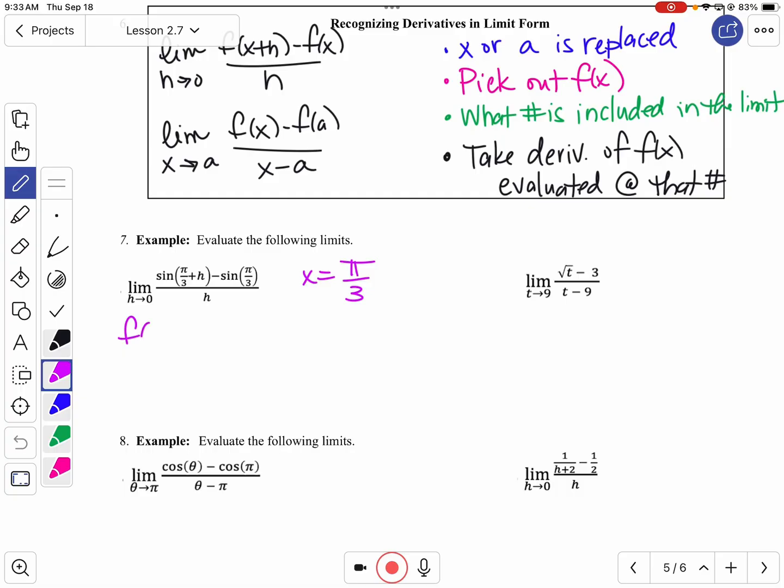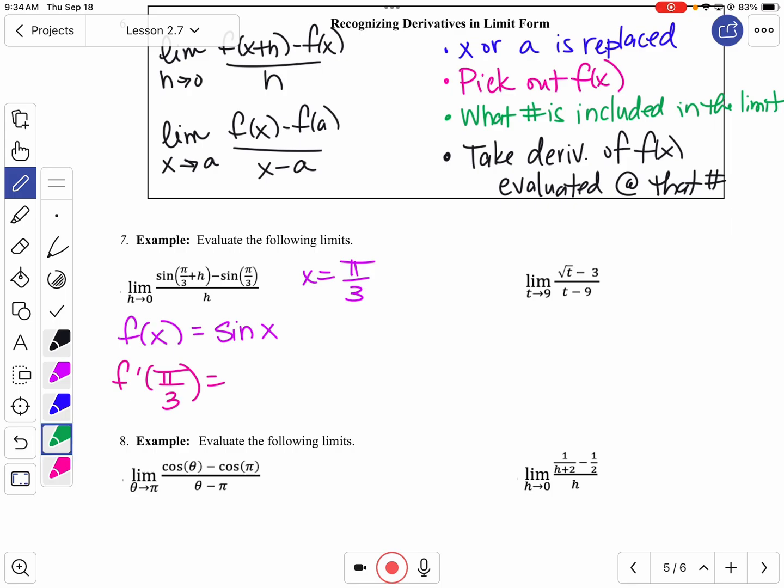What's the function in that problem? It's always the second term, hint, hint. What are we doing to the second thing? It's sine. We're taking the sine of what we plugged in, so that is my function. So the answer that I want here is f prime at pi over 3.